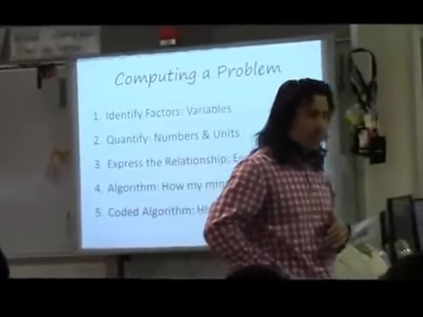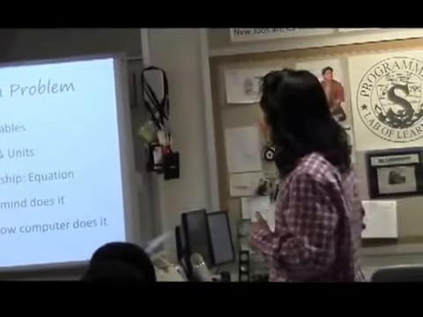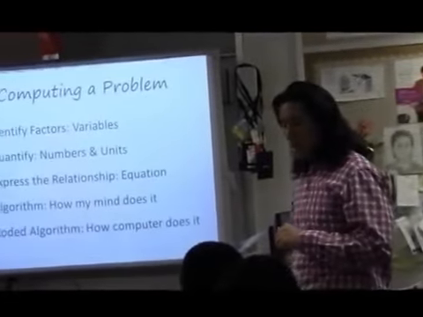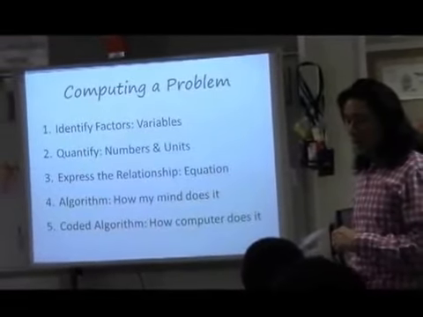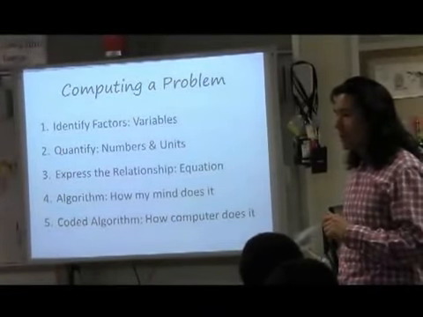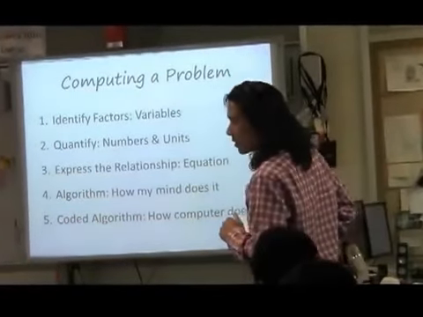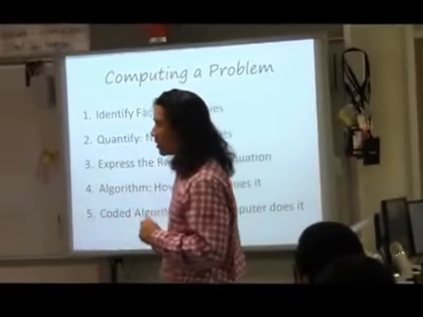Tariq, can you read number 1? Identify factors, variables. Did we do that? Yeah. Give me one factor. Vomit. And give me a variable for vomiting. To represent vomiting. 0 to 100.